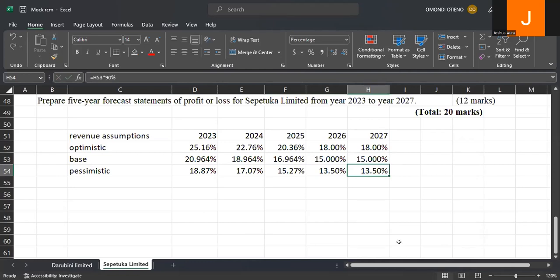IF functions are very nice, and if you are highly experienced in Excel, well done, we would want you to go the IF way, the formula way. But I'm telling you, this exam, the students we were with here last semester who passed, most of them confessed to me, "Mwalimu, we did this exam so manually." Where they were talking of cash flow, I was not even remembering anything about it.